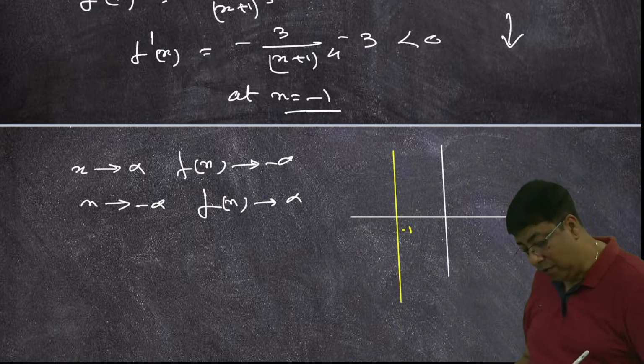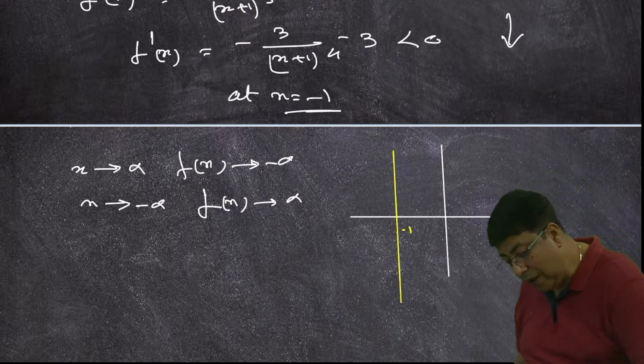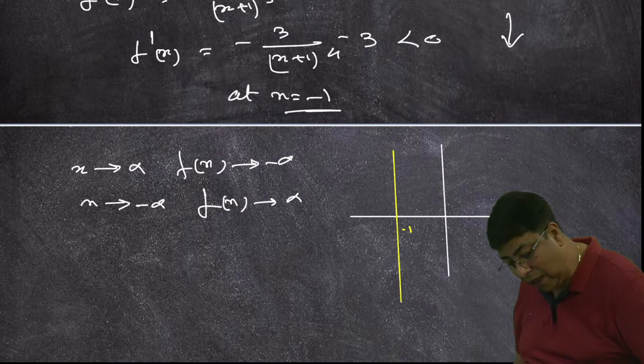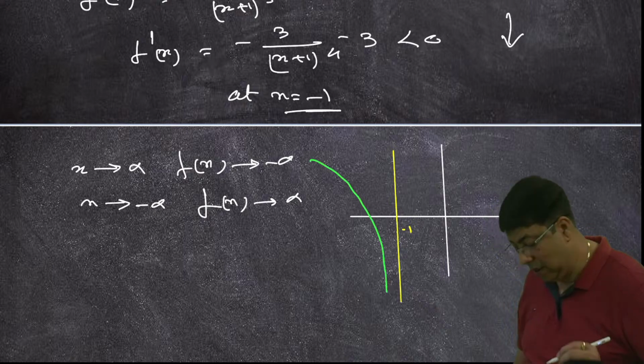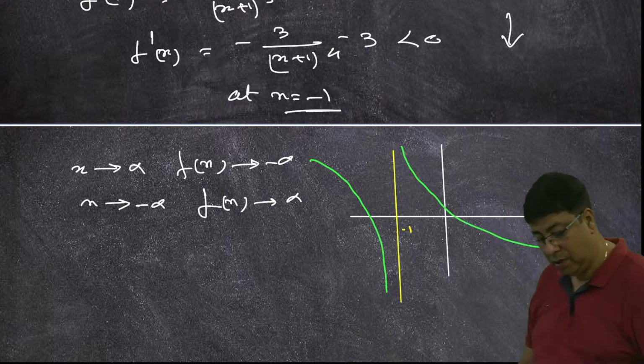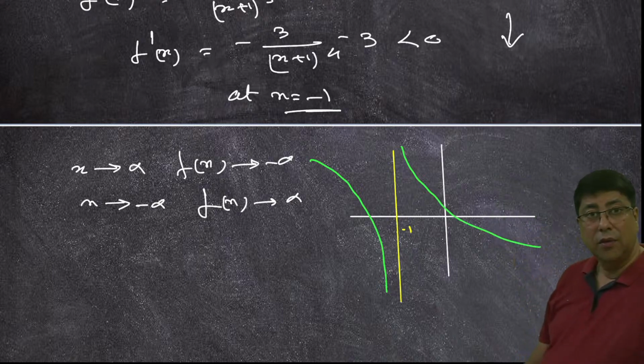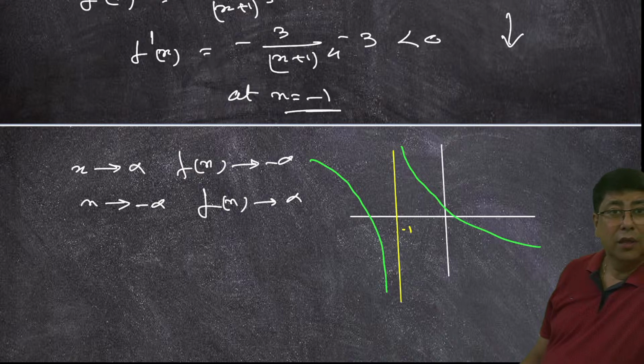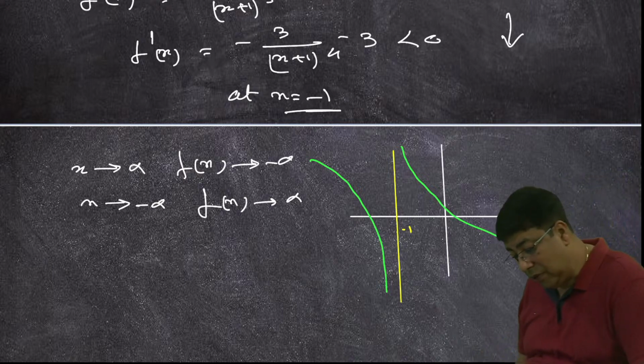Okay? Therefore, one part is before minus 1 and one is after. I'm drawing the diagram. How we can check it? Just see one thing.